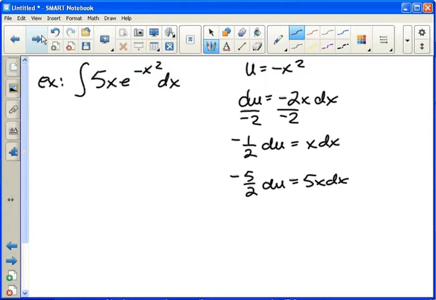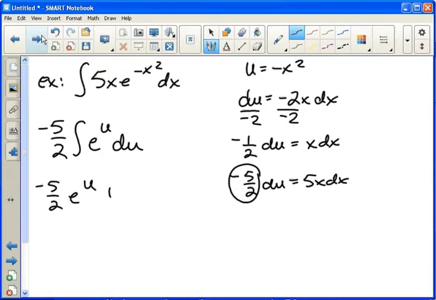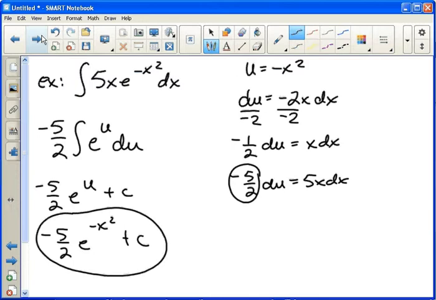You may be able to see right off that negative 5/2 would have done that for us, and if so, that's great. But if it's not easy for you to figure out that fraction, then just do it in two steps like I did here. So now we get negative 5/2 integral of e to the u du. And the integral of e to the u du is simply e to the u plus c. So the only thing we have left to do is plug in negative x squared back in for u. You can always check your answer by taking the derivative and seeing if it matches what you originally had.